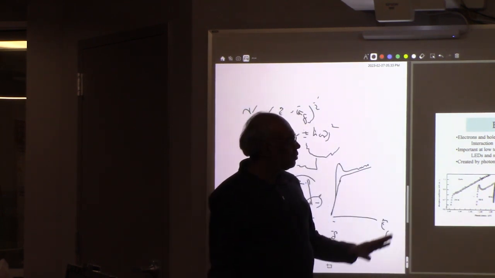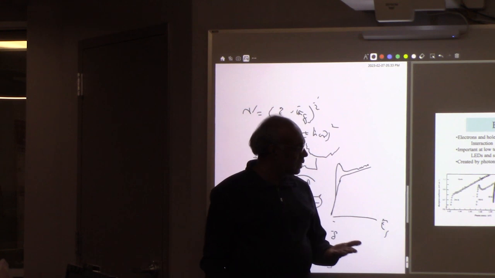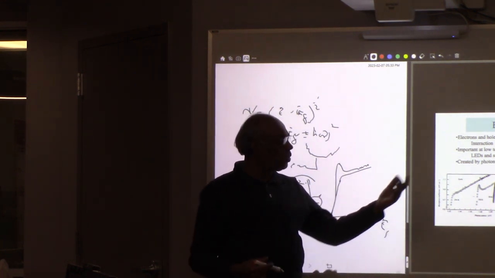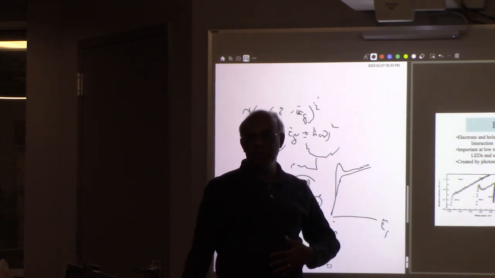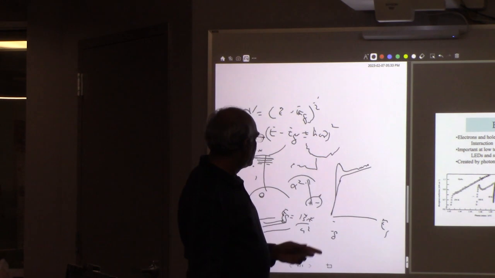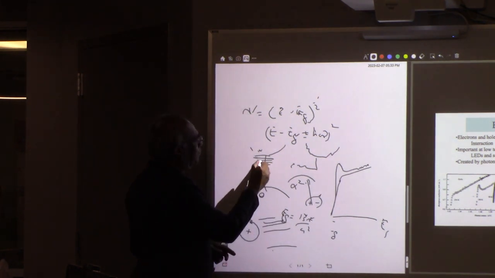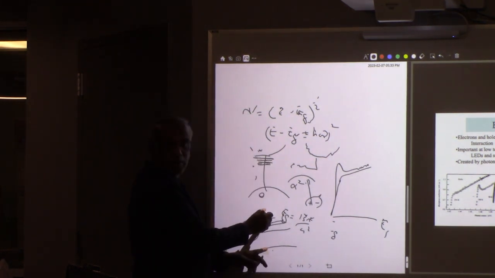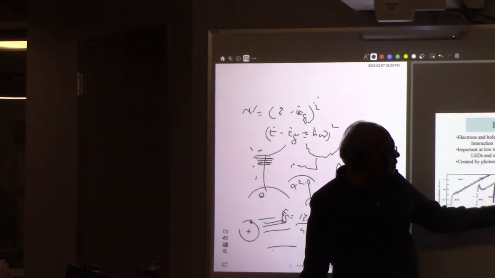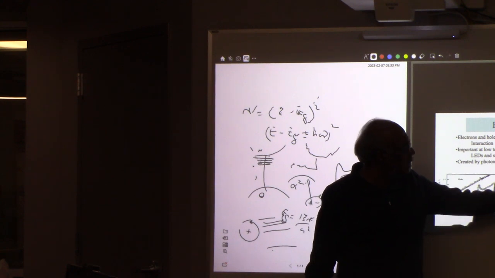Especially when talking about these two-dimensional materials, the light-excitonic interaction is very strong. So you cannot neglect this kind of thing. This is very important to see. Also, since we have these different states, you can see excitonic states coming from n equals 1 to 2, 3, 4 like that.